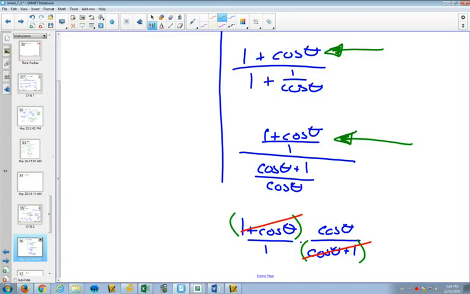If you recognize that, then you can say, oh yeah, I have a fraction over a fraction, I can multiply by the reciprocal. Sometimes people get stuck at this point without seeing that, and then that holds them back. So we need to end by saying the left side equals the right side. Nice.